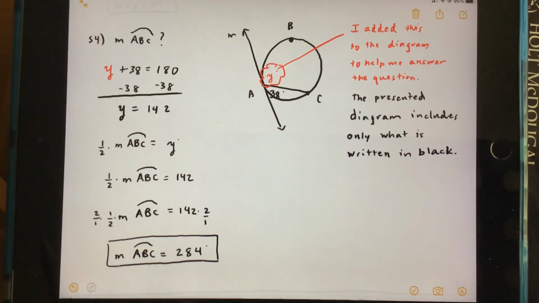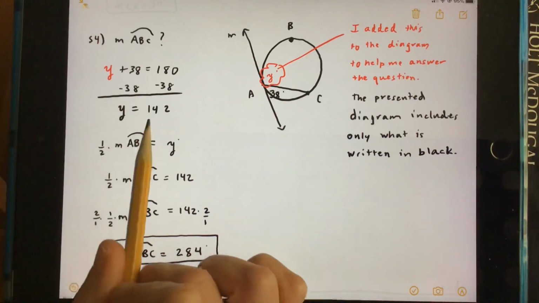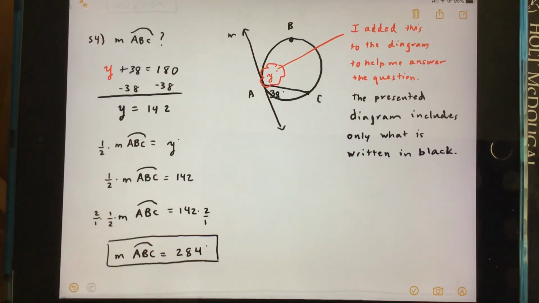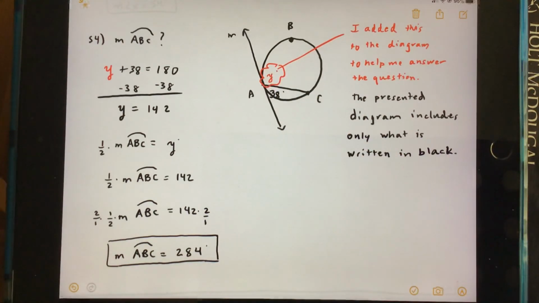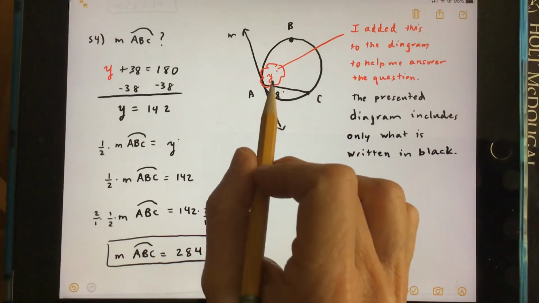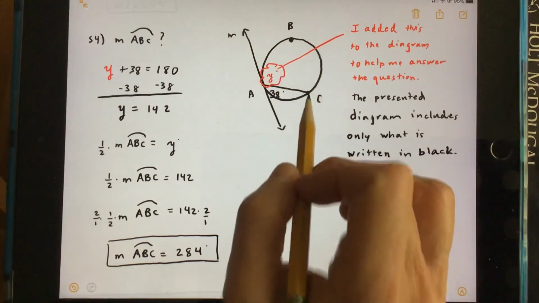So I'm going to figure out that my y is 142 degrees based on that supplementary pair information. Now, to figure out this arc ABC, I'm going to remember the relationship that this angle y will be half the number of degrees of the intercepted arc.